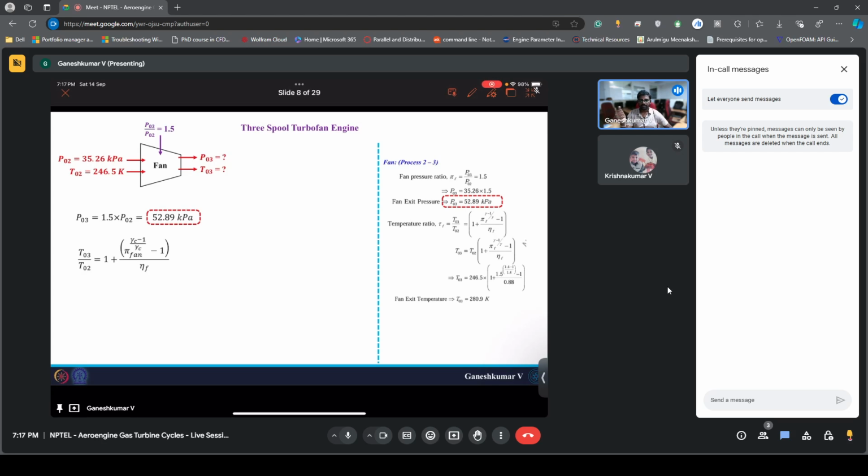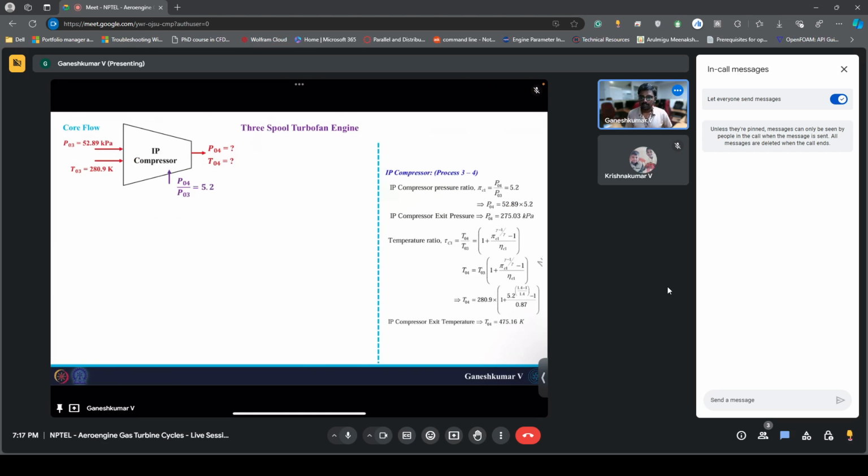For the temperature, from the isentropic efficiency relation you can find the temperature ratio, and based on that the temperature at the exit of the fan would be 1.1396 times T02. If you substitute these numbers, you end up with the temperature at the exit of the fan to be 280.9 Kelvin.